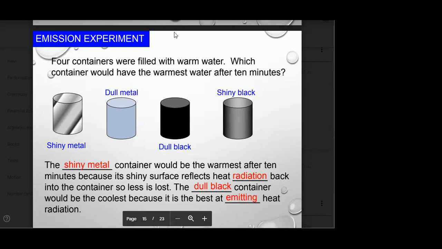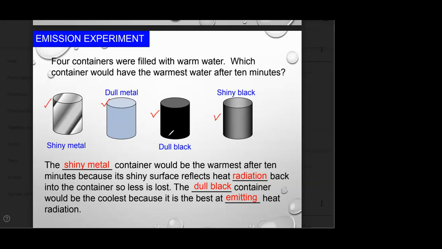Now whenever we talk about substances, this is the experiment that we have. We have one shiny metal, one dull metal, one totally black dull metal, and one shiny black. The color is a bit confusing, but this is shiny black and this is dull black.